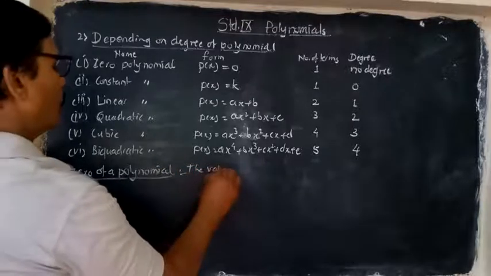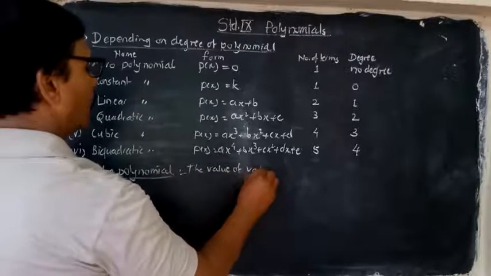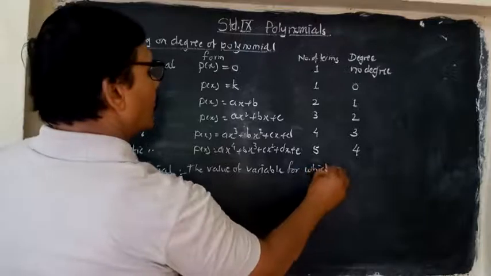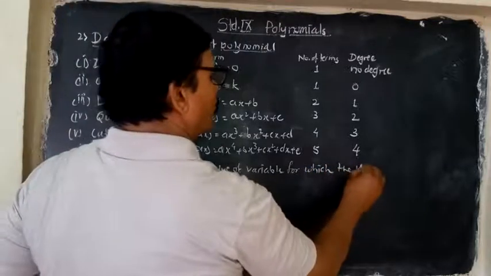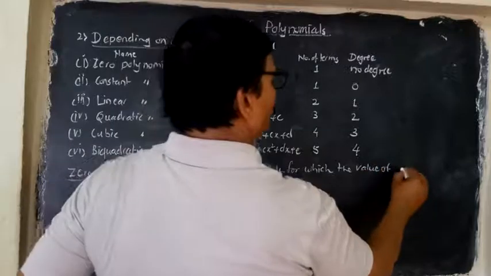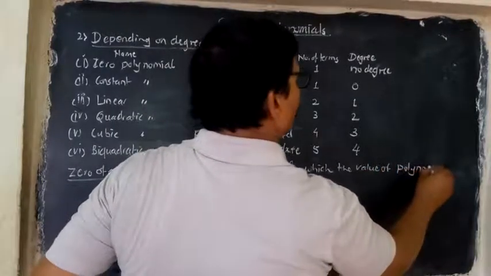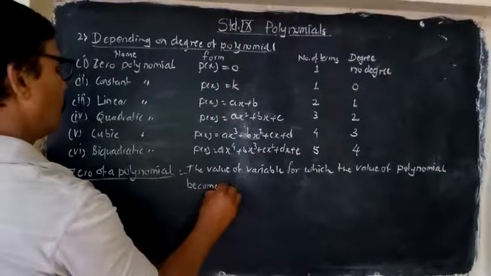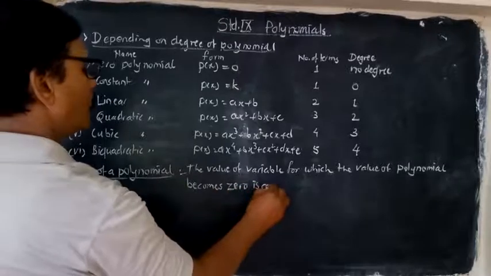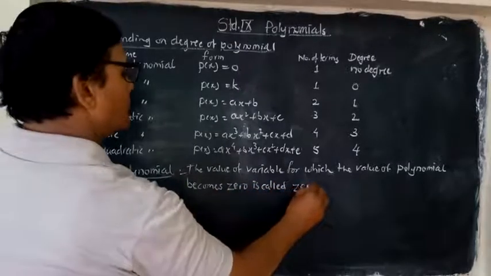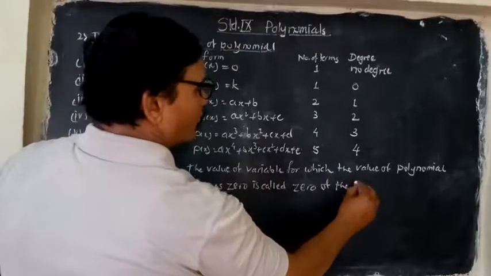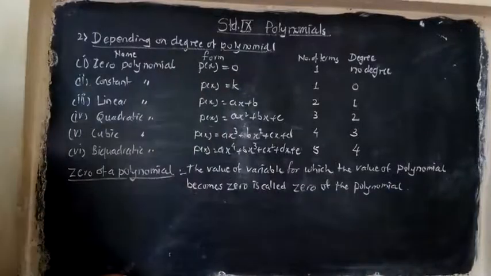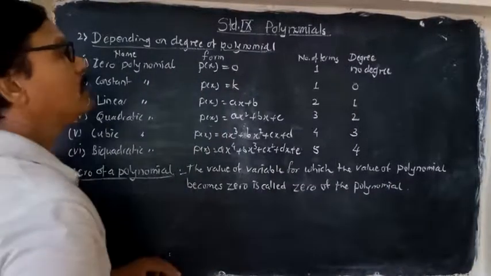The value of variable for which the value of polynomial becomes zero is called zero of the polynomial.